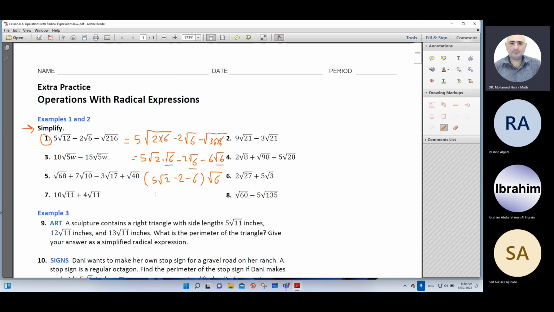So you can write here 5 square root of 2, minus 2 and minus 6 will be minus 8 square root of 6. Who has any question about this idea?